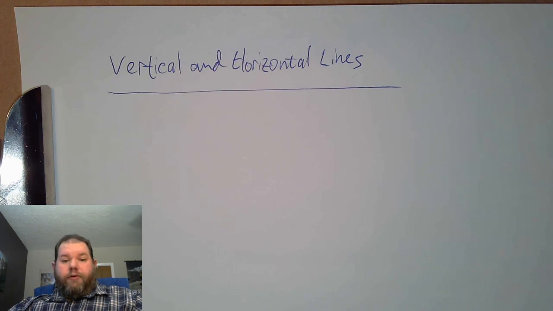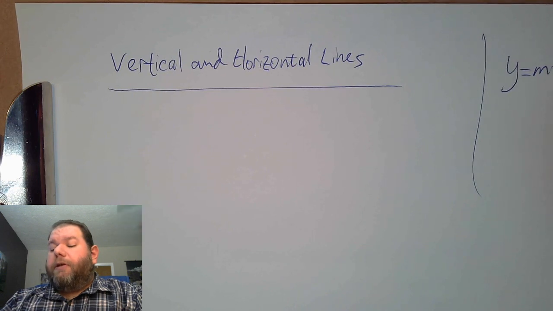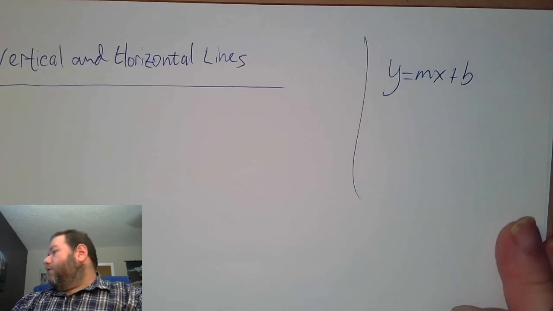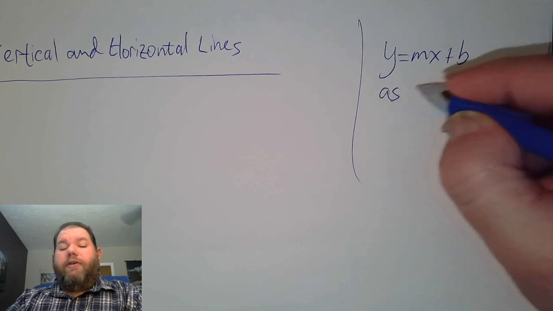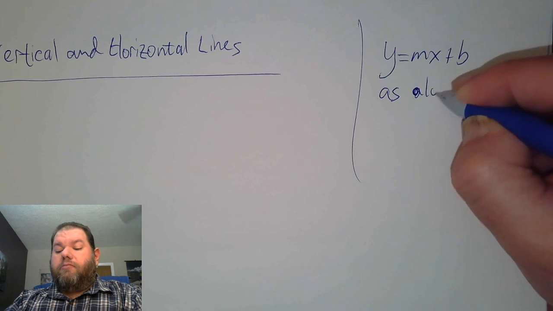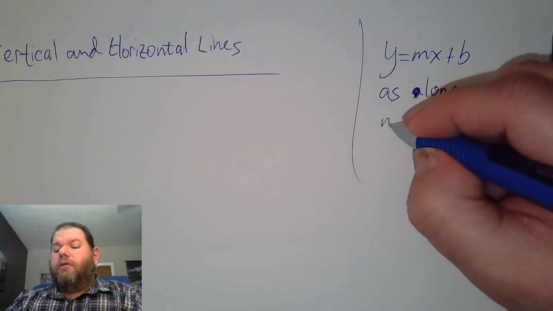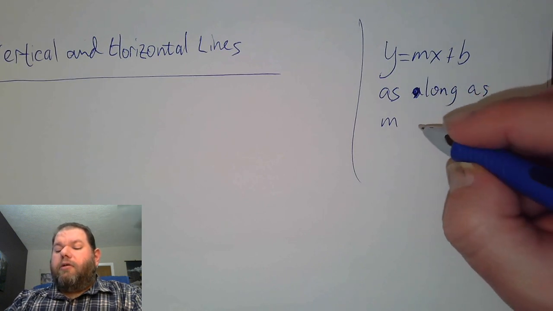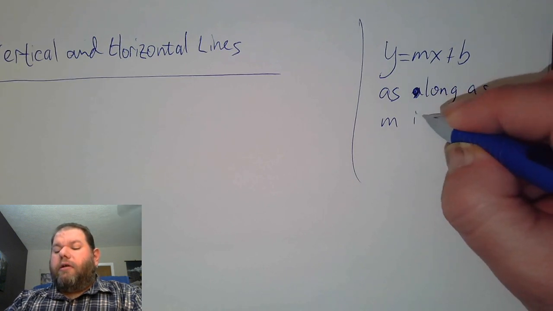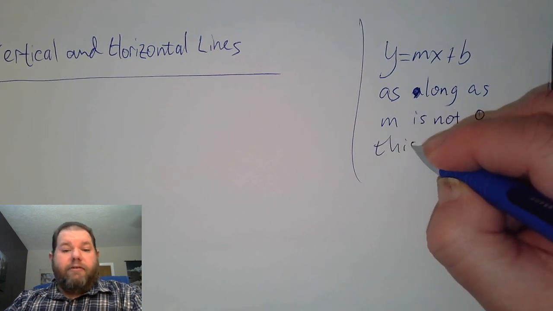Okay, so with vertical and horizontal lines, we do have equations for these, but it's not quite like the equations we looked at. You know, if we had y equals mx plus b, like we did, as long as m is not 0, this is a diagonal line.